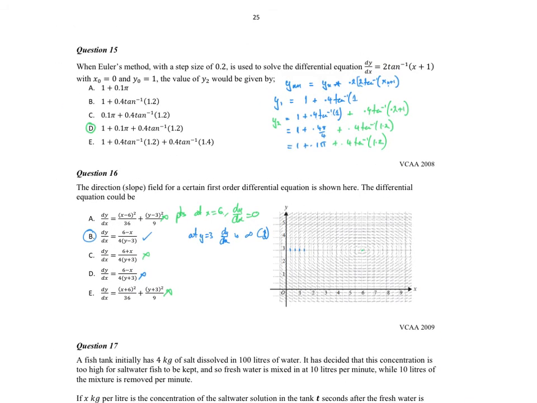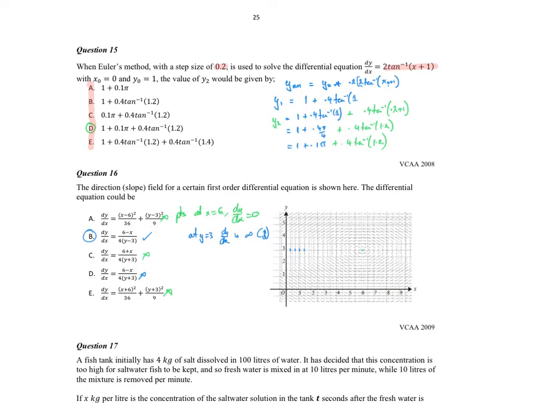All right, another Euler method. Okay. So this time though, we've got the answers expressed, they haven't been evaluated. So whilst you could certainly go to your CAS and evaluate each of those responses and see which decimal matches, we might just need to take it a step at a time. So again, what have we got? We've got the derivative, 2 tan inverse of x plus 1, step size of 0.2, y2. So we know I have to do 2 steps.